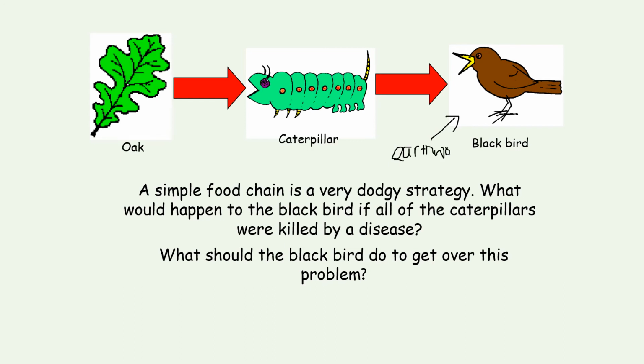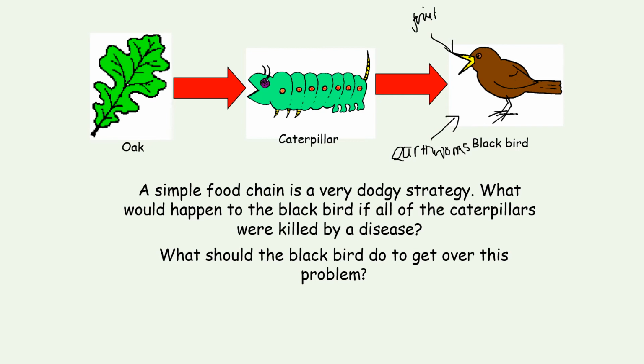They also eat fruit. They also eat spiders and snails, etc. So even if one of their food sources become extinct, they would stay alive.